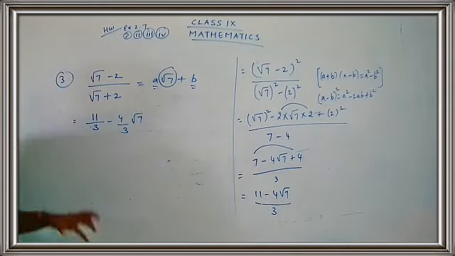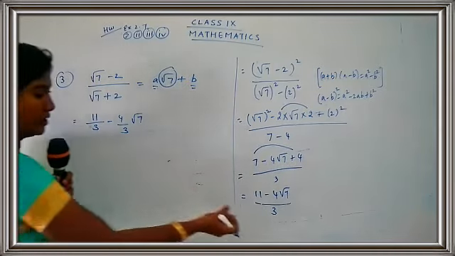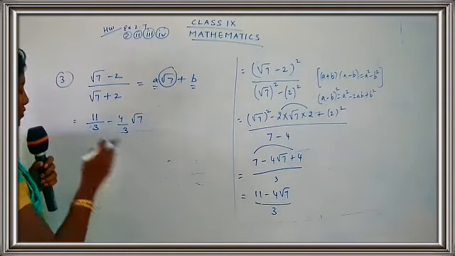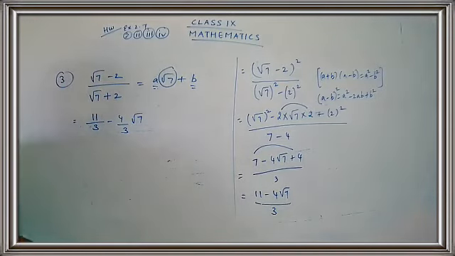Are you clear? So I have just split the denominator. I have just given the denominator to both the numbers in the numerator. So this 3 is common to 11 and 3 is common to 4 root 7. So you have to write down 11 upon 3 minus 4 upon 3 root 7. Have you taken down? Okay, good.